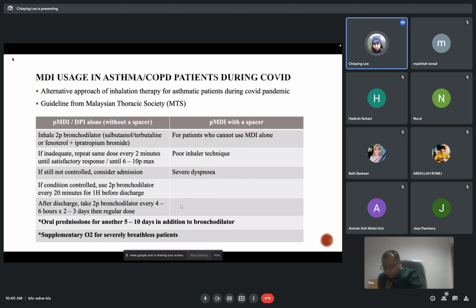And for patients who cannot use MDI, like kids or those with poor inhaler technique or severe dyspnea, we can give MDI with a spacer. In asthma patients, we need to give oral prednisolone for another 5 to 10 days in addition to this bronchodilator. Supplementary oxygen for severely breathless patients as well.